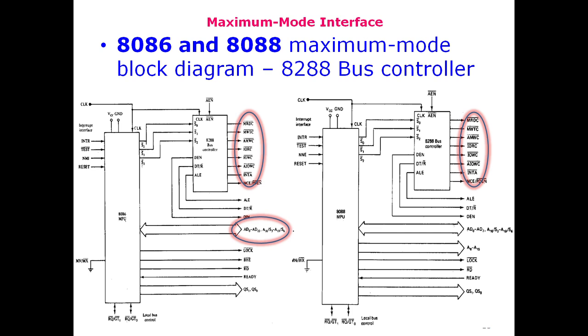The address and data bus are multiplexed, but in the 8086, AD0 till AD15 are multiplexed for address and data, while in the 8088 microprocessor, only AD0 till AD7 are multiplexed, while A8 till A15 are not multiplexed with data. So these address bits are provided through the A8 till A15 address pins of the 8088 microprocessor.